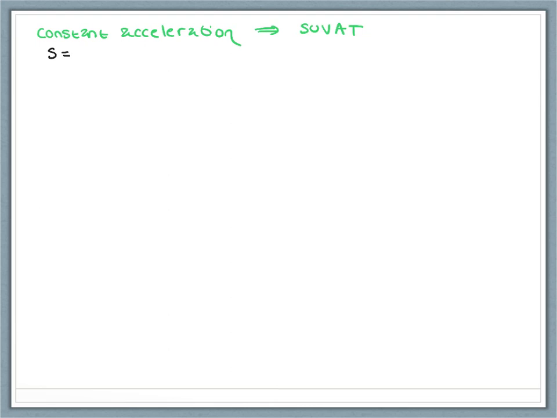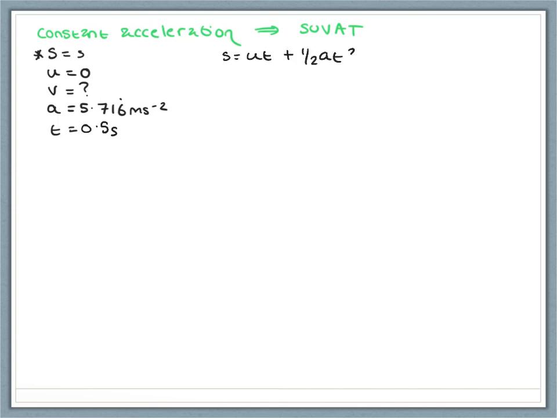So s is what we're actually trying to find. u we know is 0, the system starts from rest. v we don't know, and I don't think we're actually required to find it to begin with. a, the acceleration we've just calculated, 5.716 recurring. And t is equal to 0.5 seconds. So we can use s equals ut plus a half at squared to calculate the distance travelled.